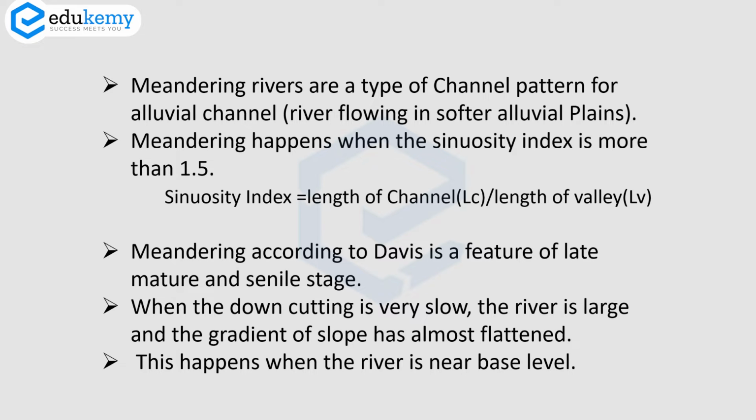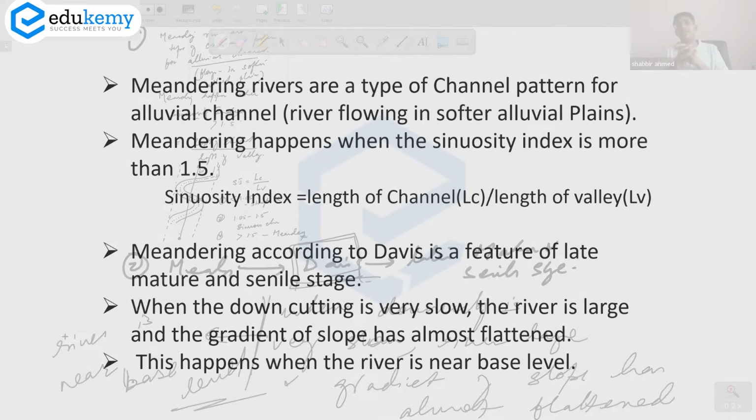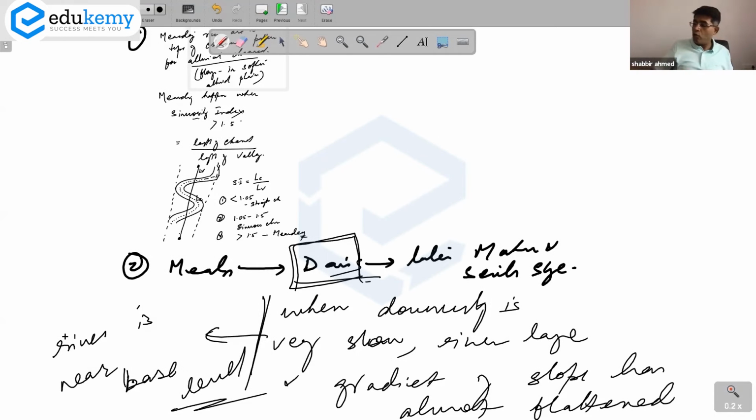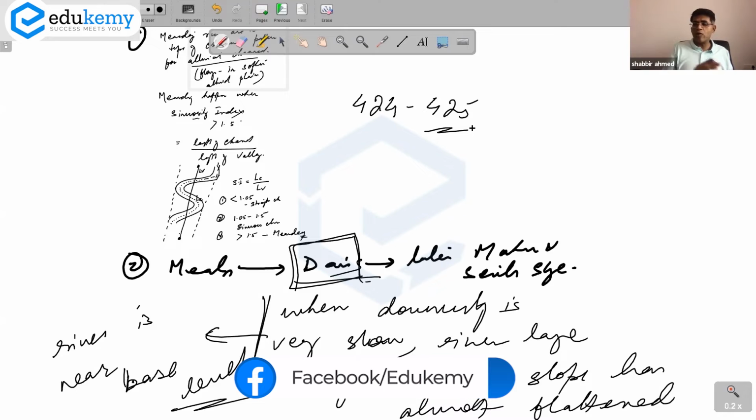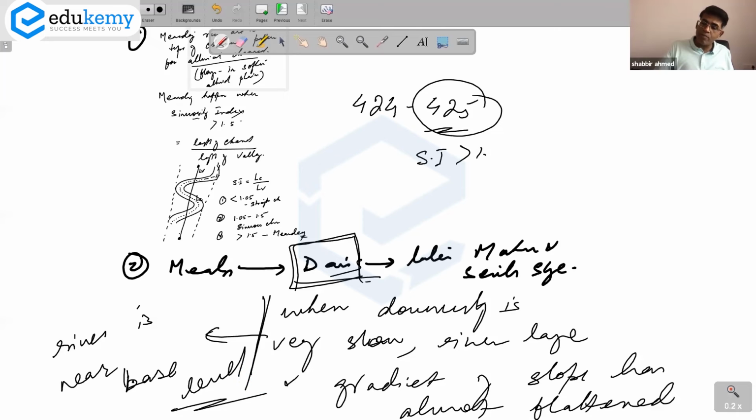Davis says so. Page numbers 424 and 425. However, there is a small mistake on 425. It says that for SI more than 1.3 it meanders. It's not 1.3, it's 1.5. Keep it as more than 1.5, not 1.3.